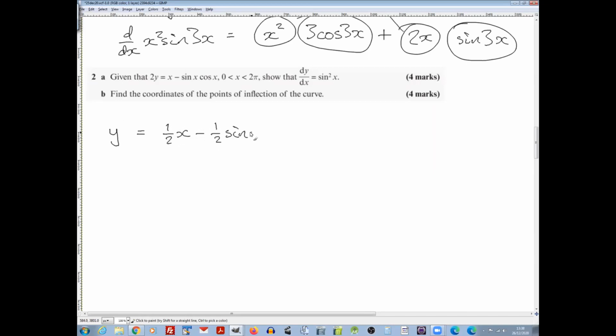If you put it all over one fraction, that's a backward step, really, isn't it? So dy dx is going to be the d dx of all of that.